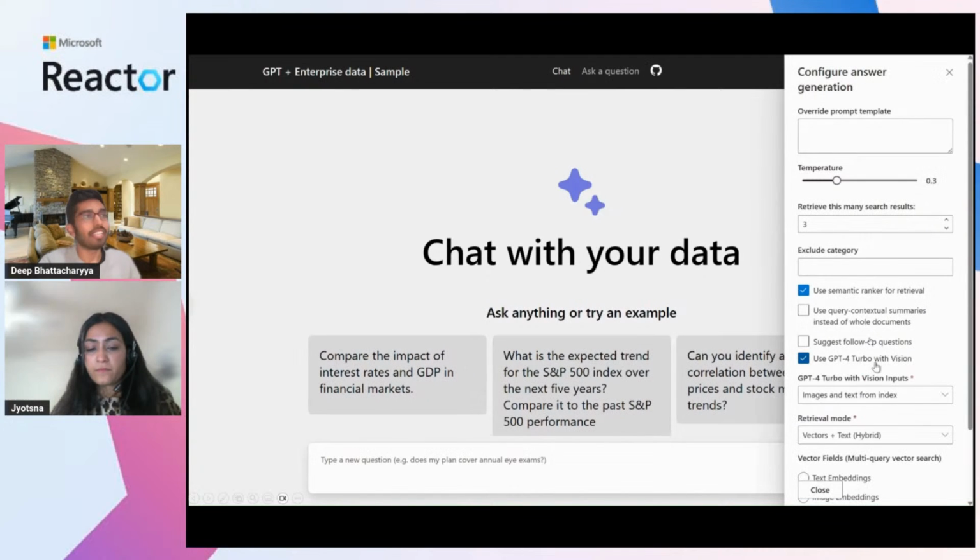A great use case for this is someone who's maybe vision impaired, or someone who is able to interact with computers using text only, and doesn't have the time to scan through a bunch of documents and needs the answers from charts or other images within those documents.